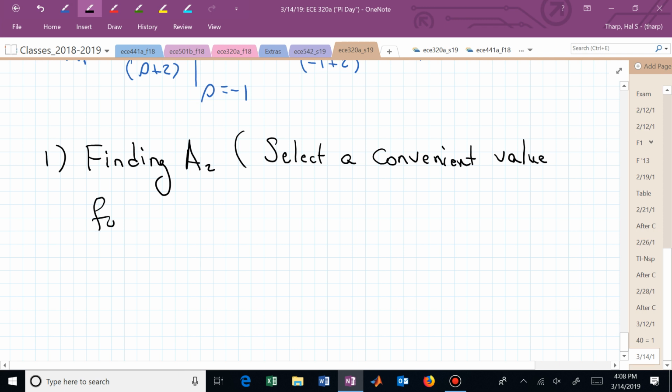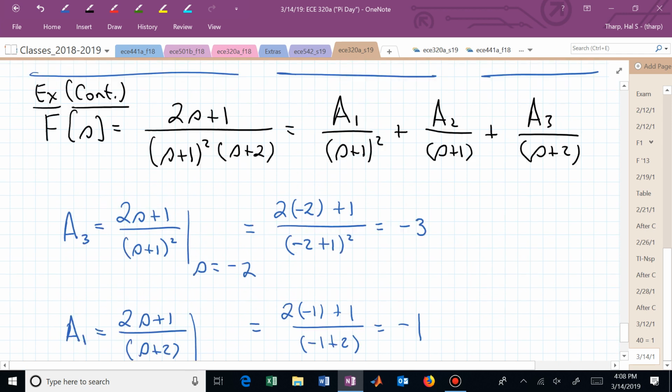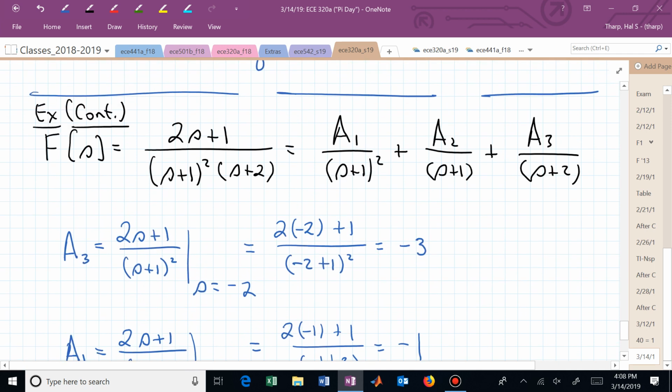What's convenient? Something other than minus 1 and minus 2. We can't use those because that would just, again, give us infinity equals infinity.